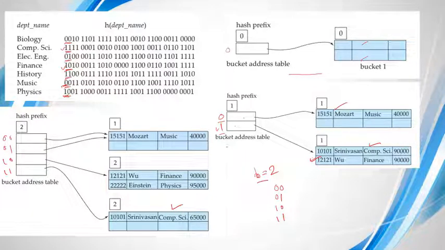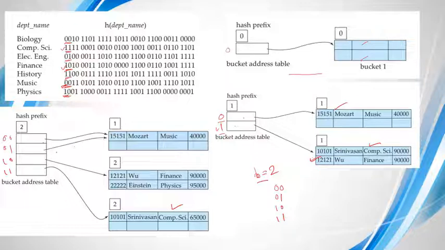So we need some rearrangement when we insert and we have more buckets than before. We have to rearrange the records also, so that the indexing of each record or each bucket becomes uniform. Okay. After inserting physics, this bucket will hold these two entries. Computer science goes to this bucket, and music will be in the first bucket, because the first 2 bits of music are 0 0. So this will indicate 0.